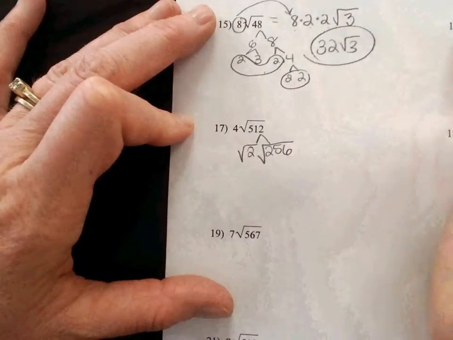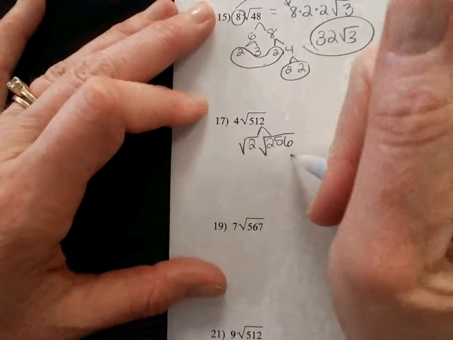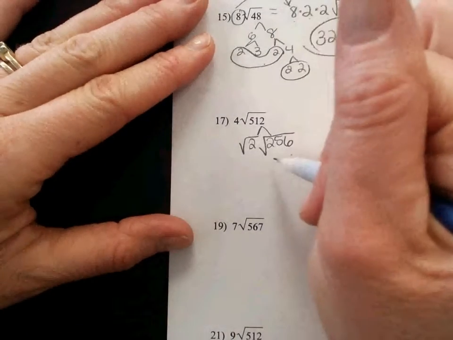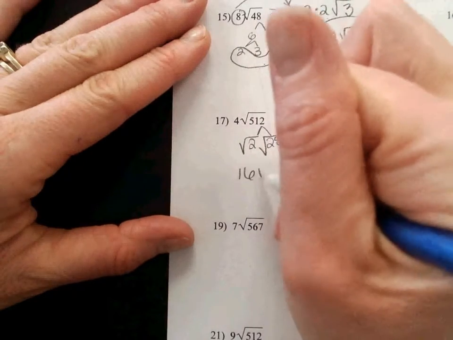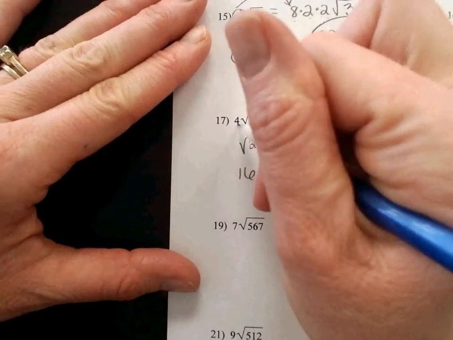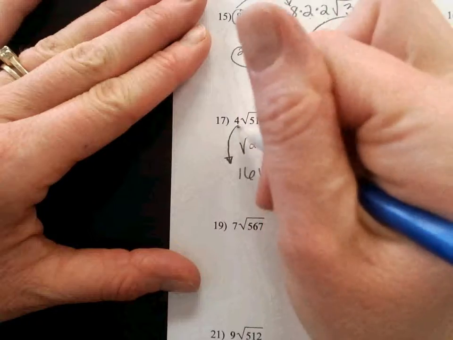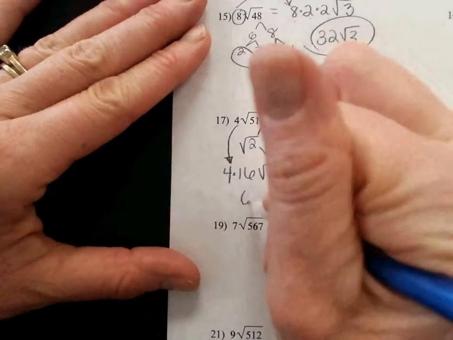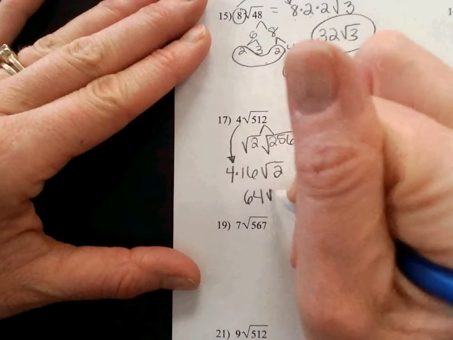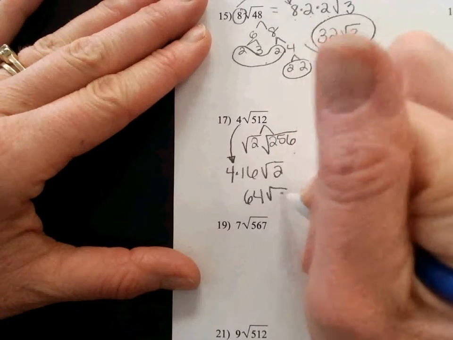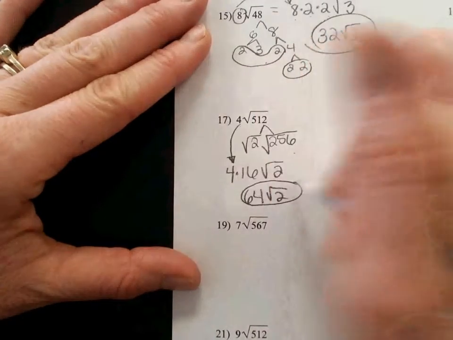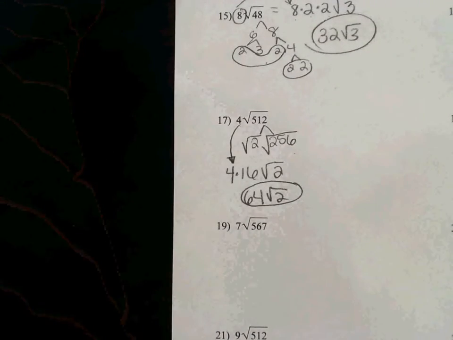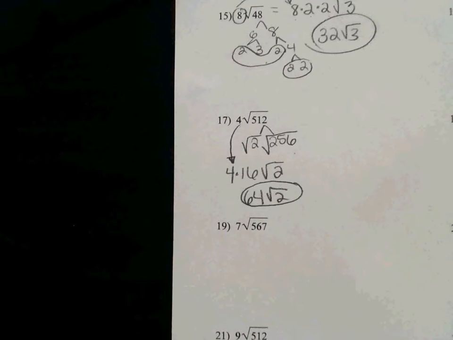So that worked out well again. So the square root of 256 is what? 16. Excellent. So then I do 16 radical 2, but don't forget about this 4. So we still have to include that 4. 4 times 16 is 64. Okay. All right, so there you go, simplifying radicals.